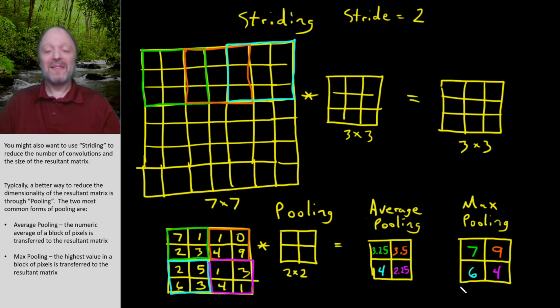Now, which one of the poolings typically is more useful with image recognition? You can probably tell I'm asking that for a reason. It turns out max pooling is what's typically used for image recognition.